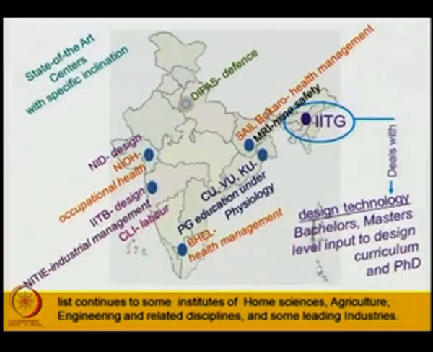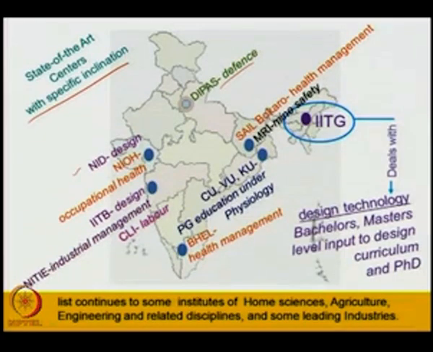Now, there are many institutes and ergonomic centers operating with specific inclinations. Like the Defence Institute of Physiology and Allied Sciences, they use ergonomics for defense development purposes. The National Institute of Design, Ahmedabad, uses it for designing activities.